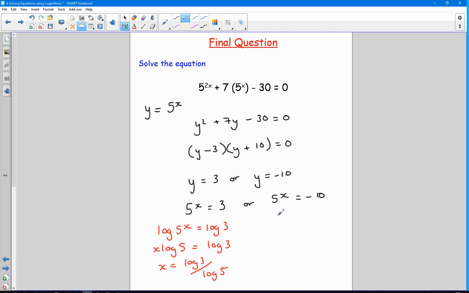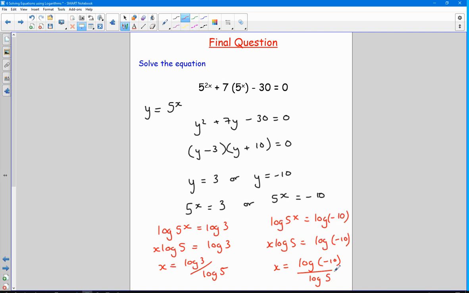If we do the same over here, let's do log of 5 to the x equals log of negative 10. There should be some alarm bells ringing already. So we get x log 5 equals log of negative 10. So x equals log of negative 10 over log of 5.